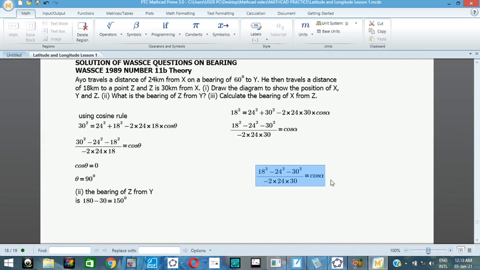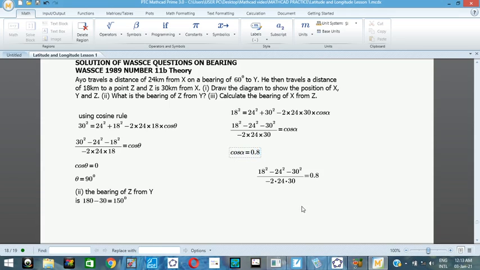Okay, let me take this out. So cos alpha is 0.8. I'm getting cos alpha is equals to 0.8.